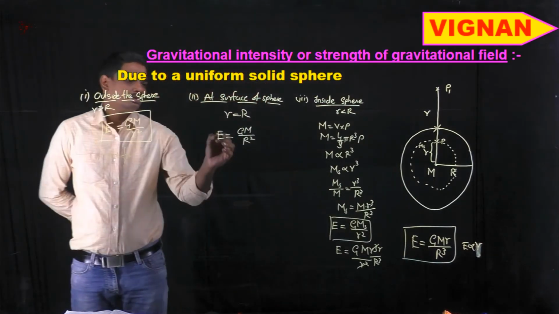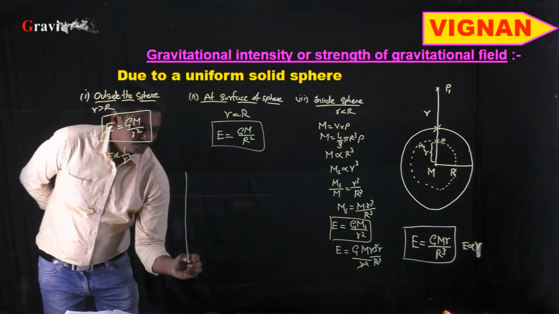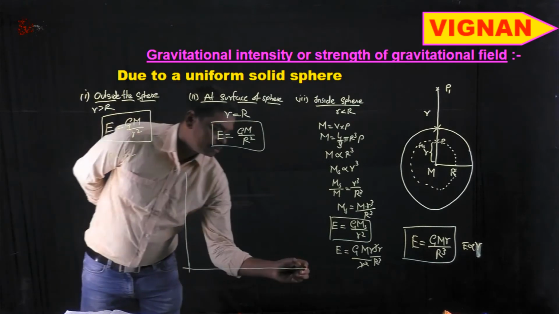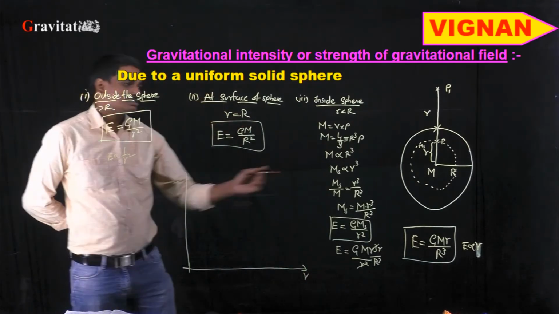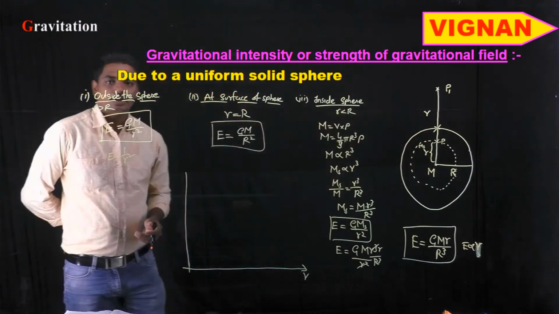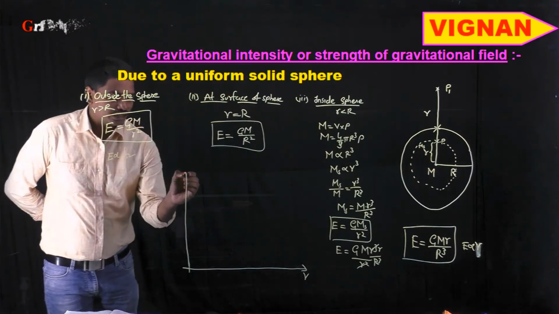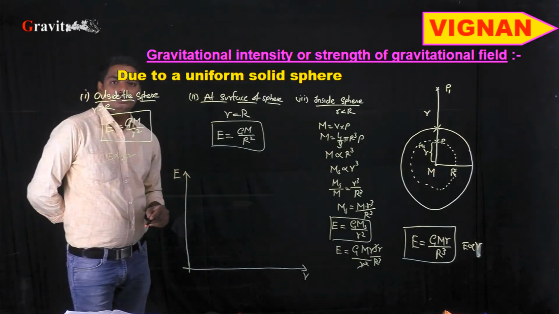Right, and here it is constant and it is the maximum value. So if you draw a graph, on the x-axis we will consider r, the distance between the center of mass of the solid sphere and the position of the particle, and along the y-axis, the intensity of the gravitational field.